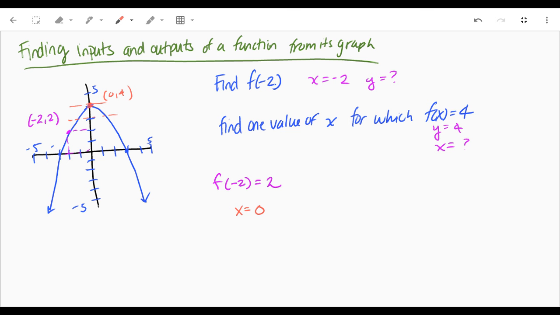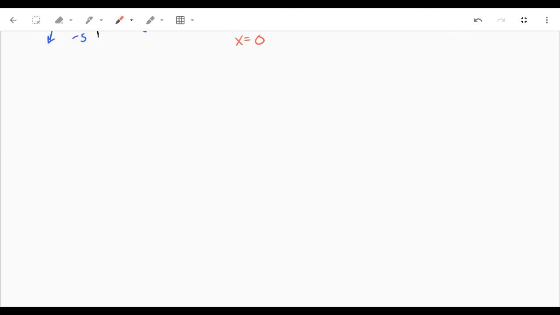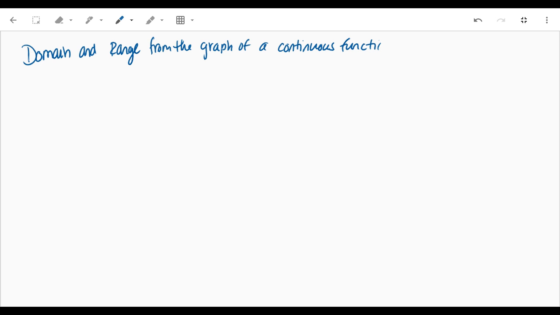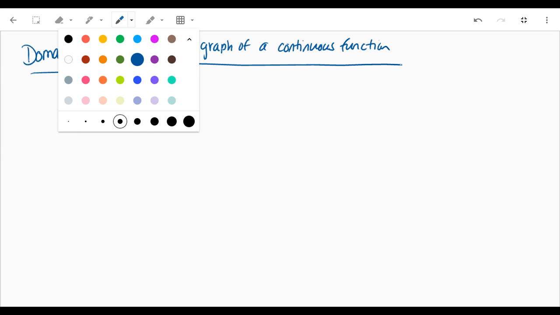Next one, we have domain and range from the graph of a continuous function. Okay, so for this one, they're going to give you, just like they said, a continuous function.